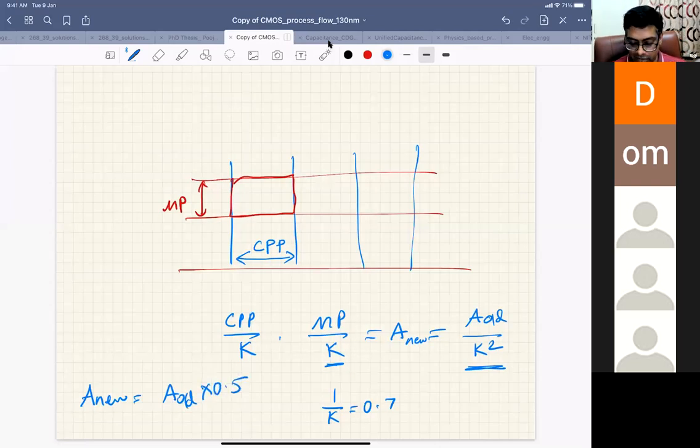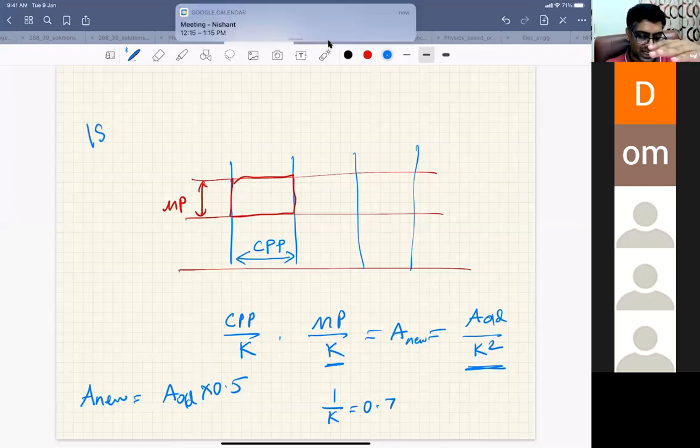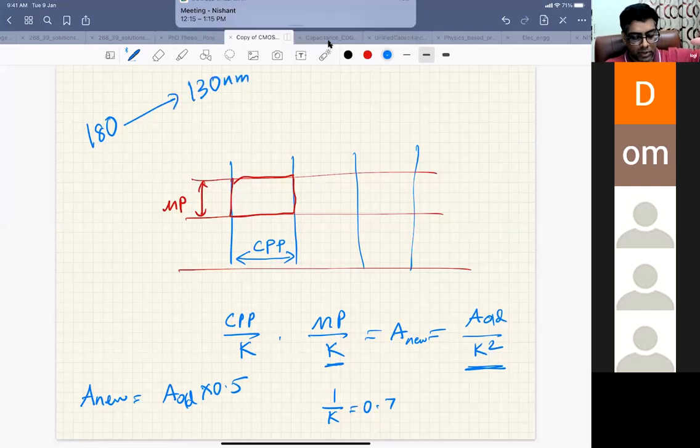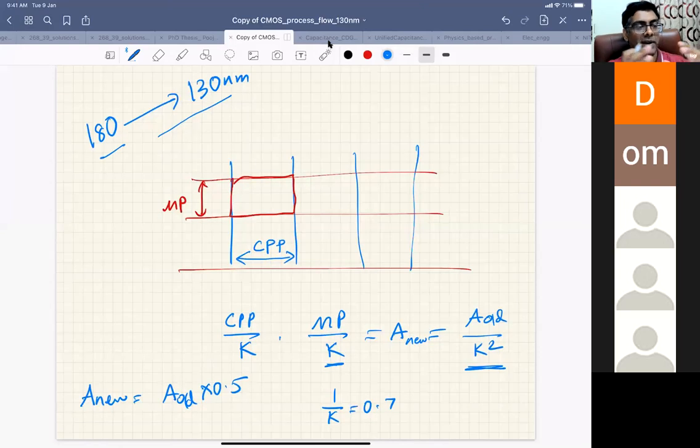So for a new generation, say when I'm going from 180 nanometer to 130 nanometer, the area has reduced by 0.5. That means if I design the same integrated circuit using 180 nanometer technology and have an area of 100 millimeter square, then with 130 nanometer CMOS technology my area will be 50 millimeter square.